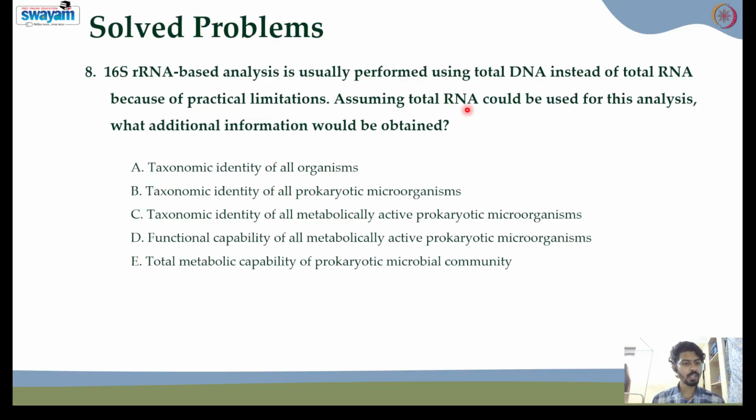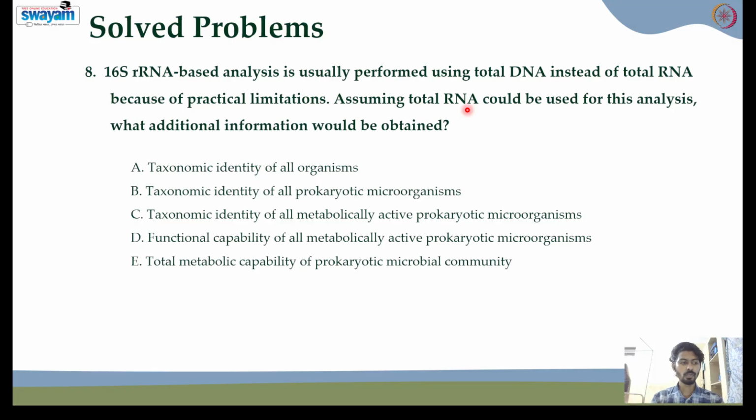Now I will read out the options. Option A, taxonomic identity of all the organisms. Option B, taxonomic identity of all the prokaryotic microorganisms. Option C, taxonomic identity of all the metabolically active prokaryotic microorganisms. Option D, functional capability of metabolically active prokaryotic microorganisms.